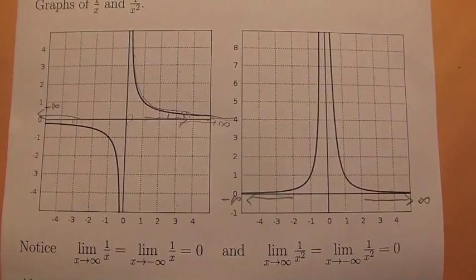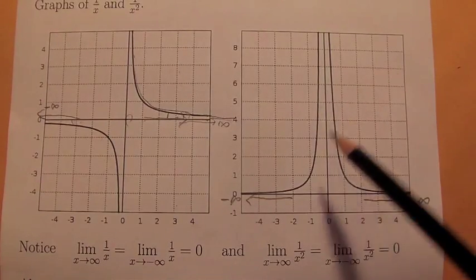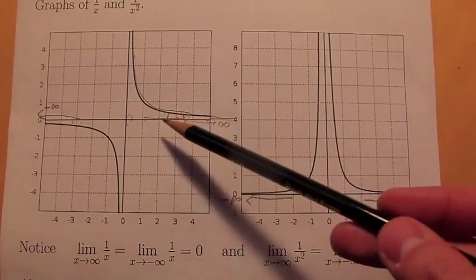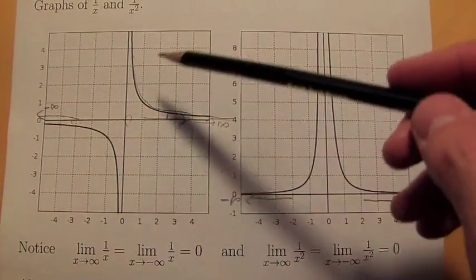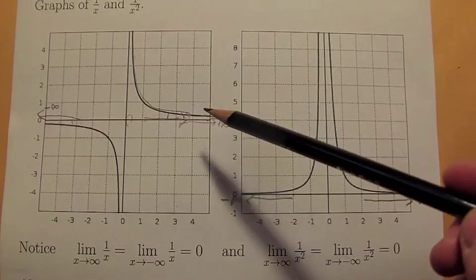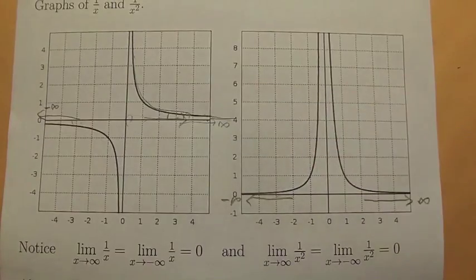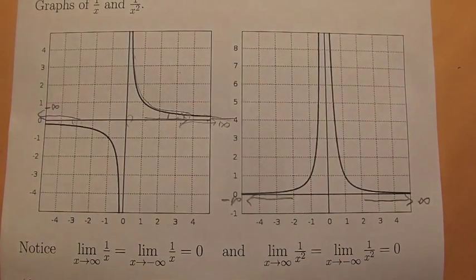Both sides it's going to 0. Here it's coming down to 0 from the positive side, whereas on the right side of the previous graph, it's coming from the positive y's, and here it's negative y's. So the limit as x goes to infinity of 1 over x squared is equal to 0, as is the limit as x goes to negative infinity of 1 over x squared.